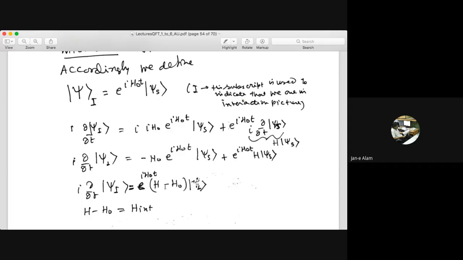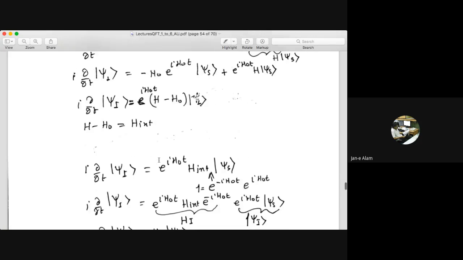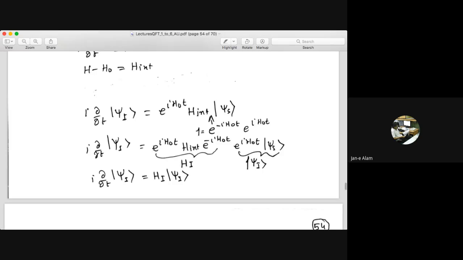So H was H naught plus H interaction, so H minus H naught is simply the interaction. By this definition, when I take the time derivative, I get an equation for the evolution of the interaction picture state, and that evolution is controlled by the interaction. So ultimately we got the evolution for this psi I in this particular equation.